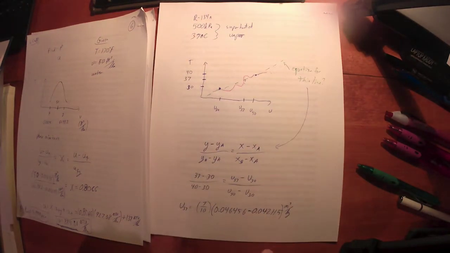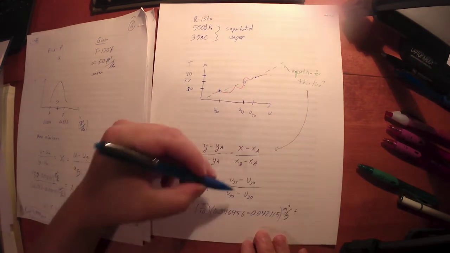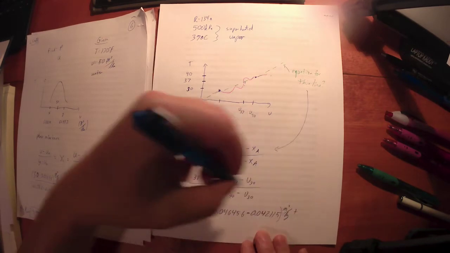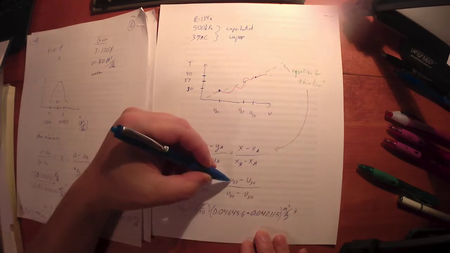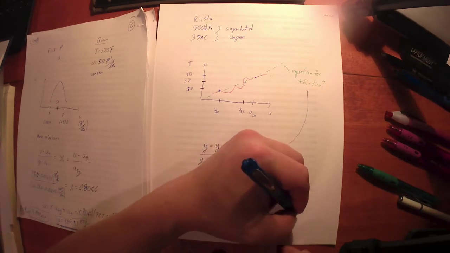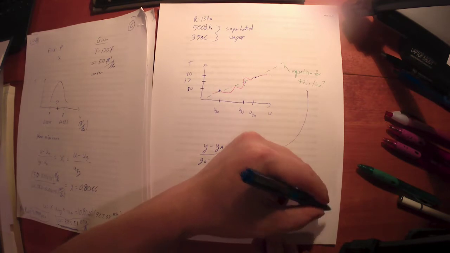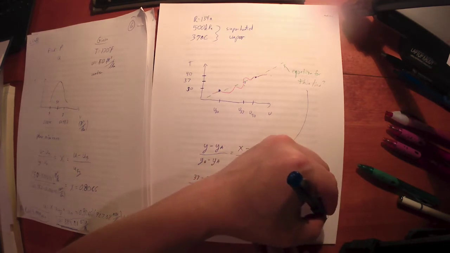Move this up so you can see a little more of it. Then add to it. I'm solving for V37 here, so I'm going to add this to the quantity V at 30, which is 0.042115 meters cubed per kilogram.